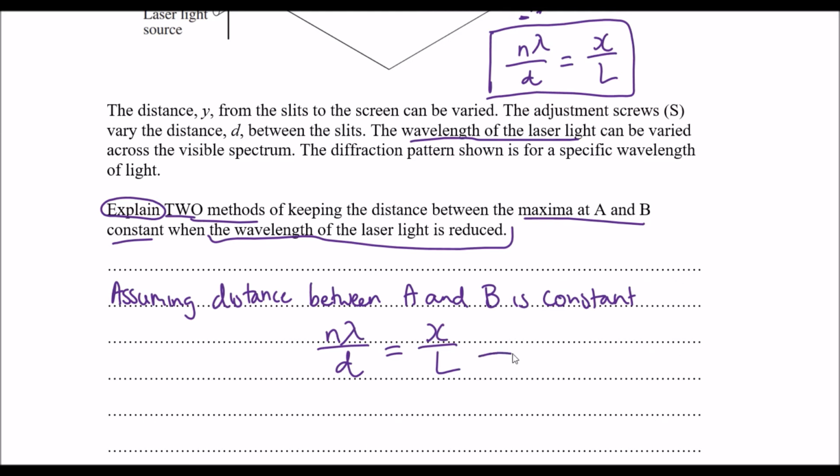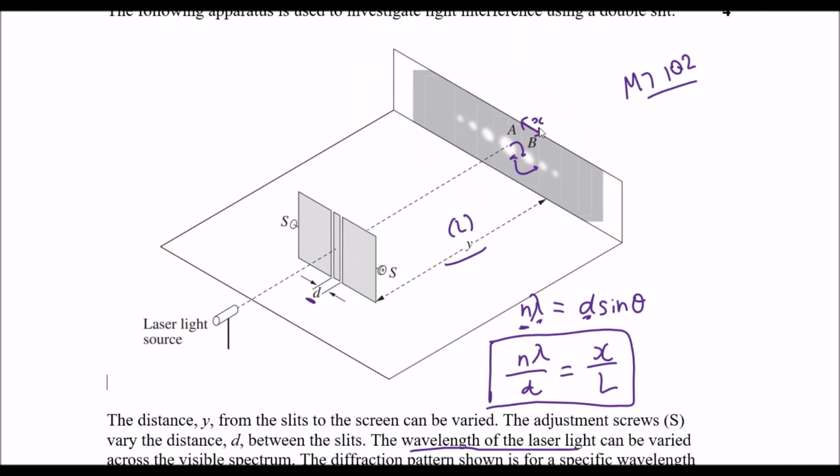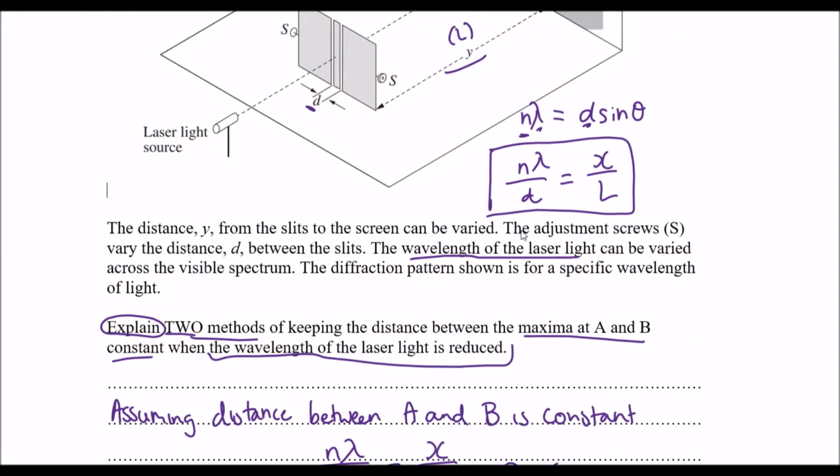If we rearrange it and make x the subject, because that's the distance in separation, you don't really need to write out again what it is, so long as you've labeled it on the diagram here, that will be fine.